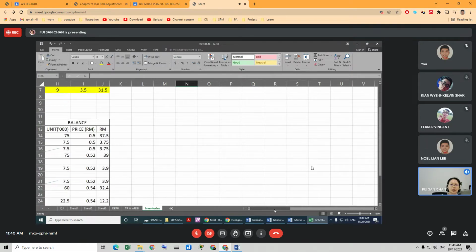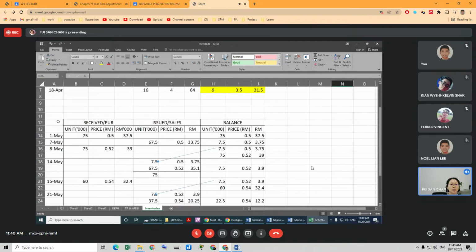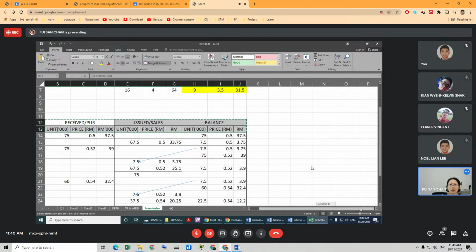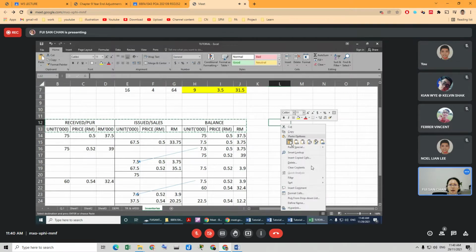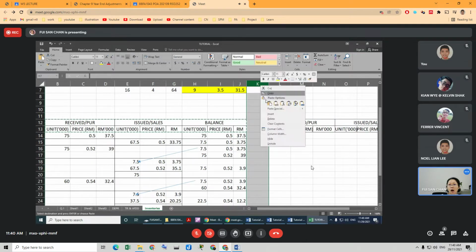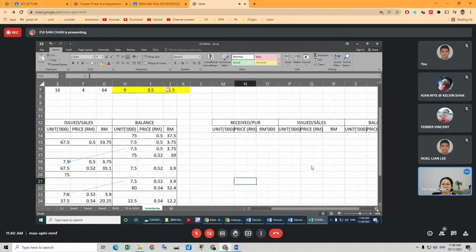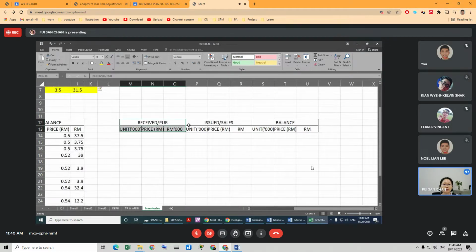Now for the weighted average, I use back the same table. Weighted average is a slightly different practice.